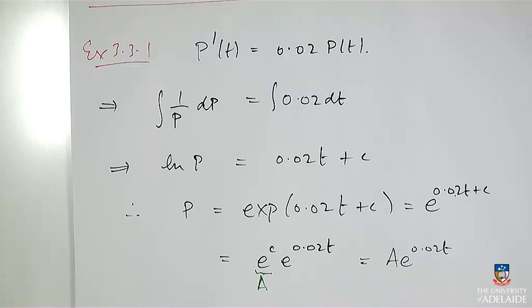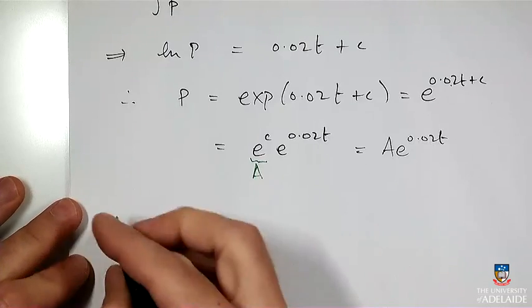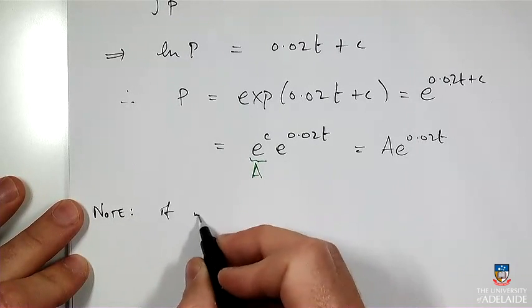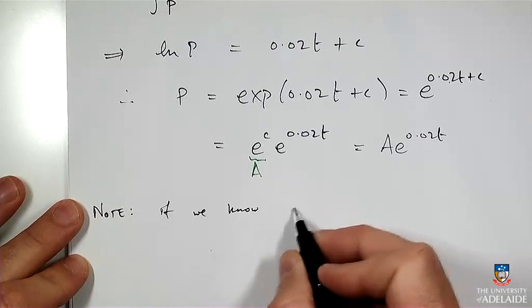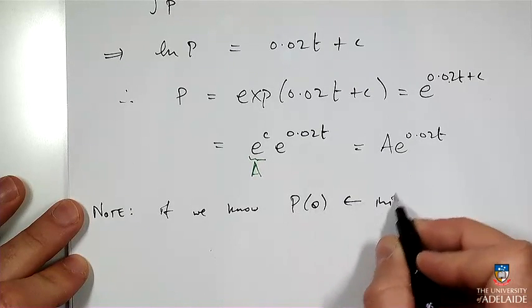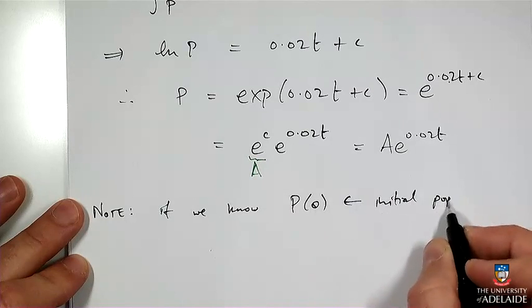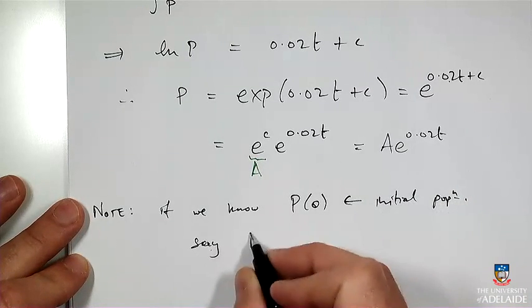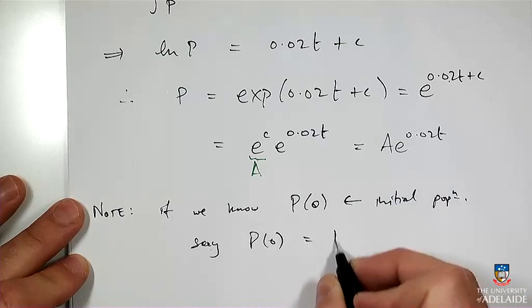Okay, so note, here's an interesting fact. If we know p of 0, this is the initial population. Let's say p of 0 is some number. I'm going to call it p naught.